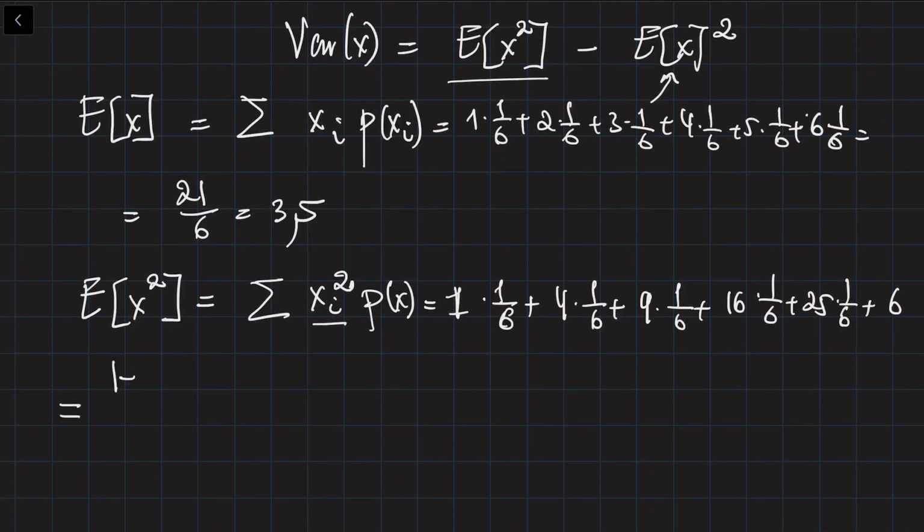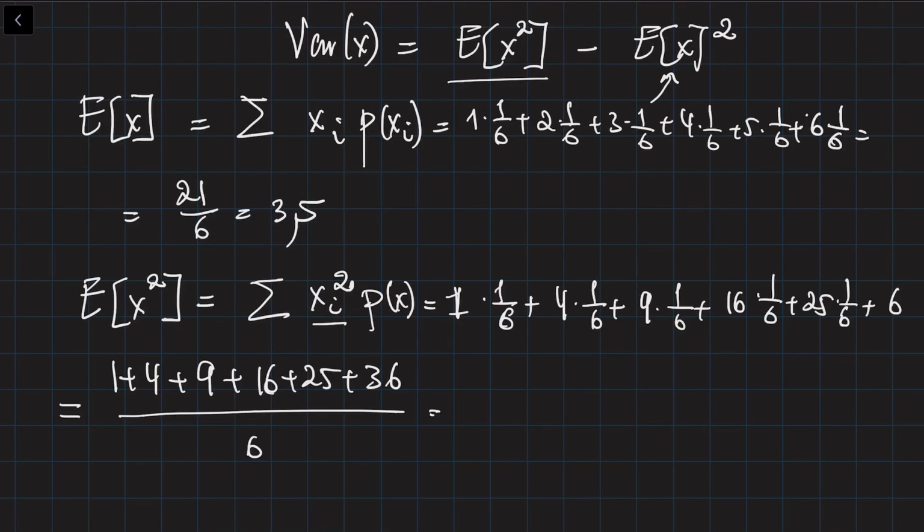It's going to be 1 plus 4 plus 9 plus 16 plus 25 plus 36 divided by 6. I need a calculator in order to calculate them. 1 plus 4 is 5, plus 9 is 14, plus 16 is 30, 55, and 91. 91 over 6.